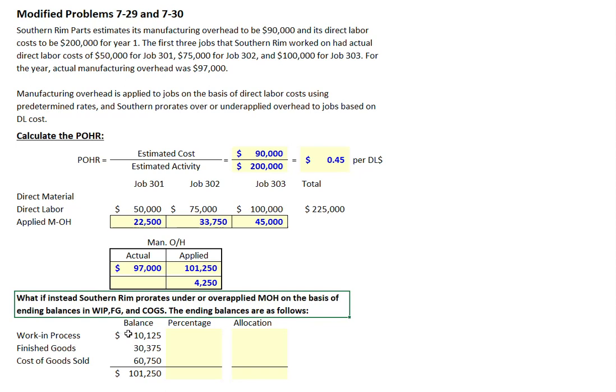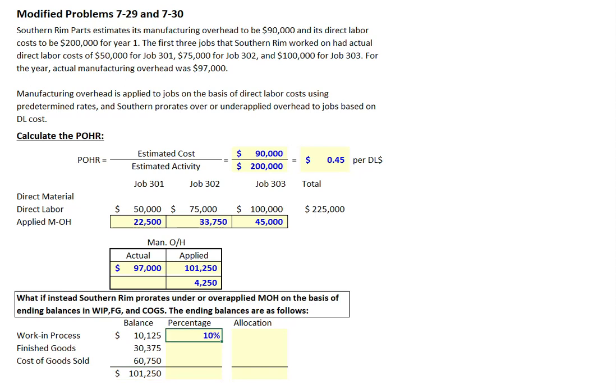Well, we're also told then that work in process had a balance of 10,125, finished goods has an ending balance of 30,375, and cost of goods sold of 60,750, for a total of 101,250. We need to calculate the percentages for each one of these.